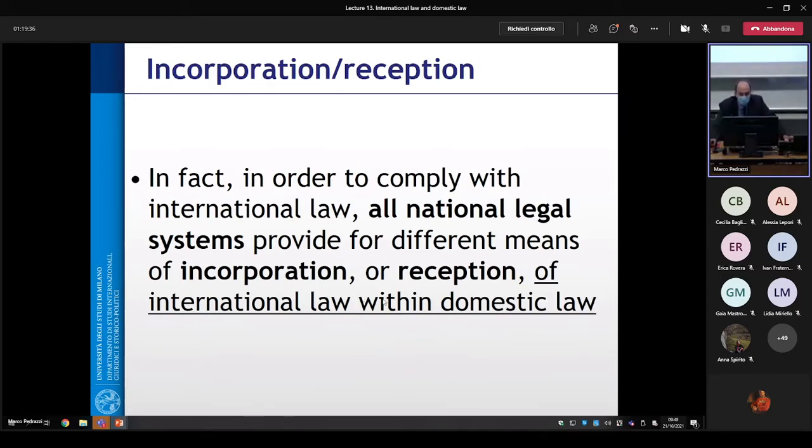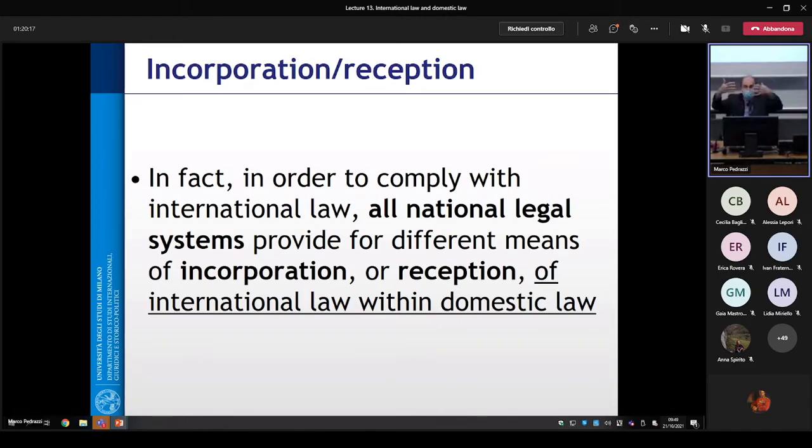In fact, all national legal systems provide for different means of incorporation or reception of international law within domestic law. In Italian, you would talk about adattamento. According to the Italian legal language, the domestic legal systems need to adapt themselves to the international legal system.